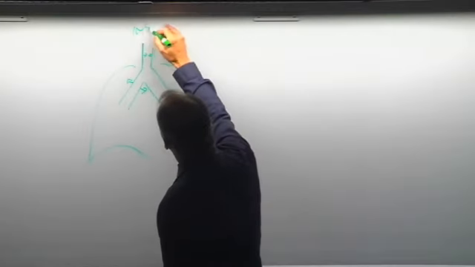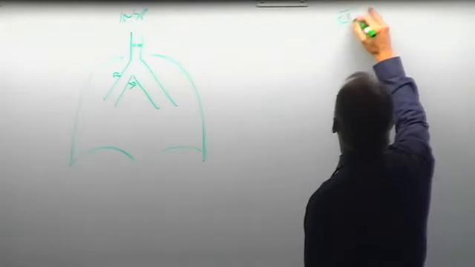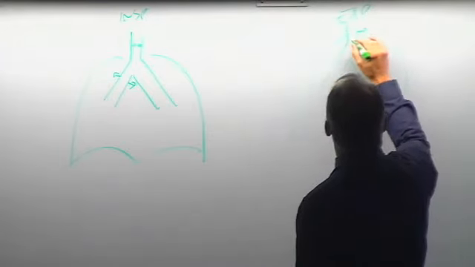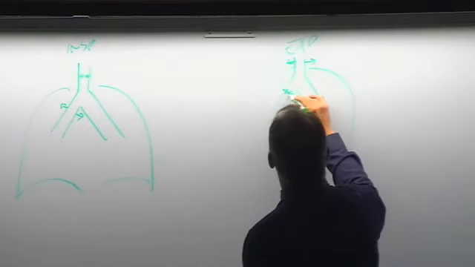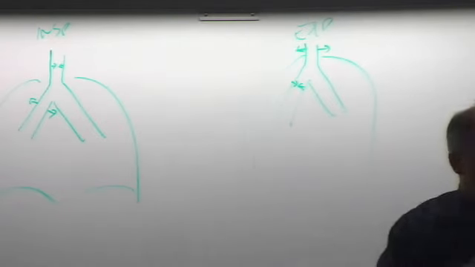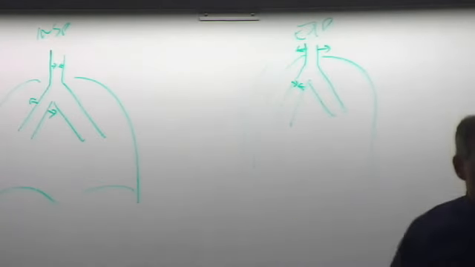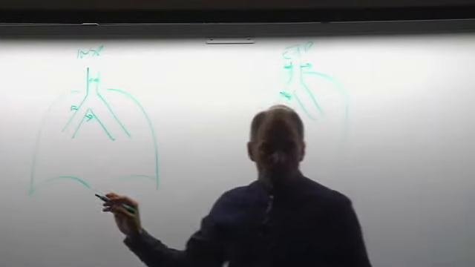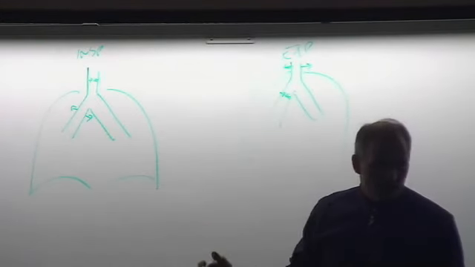So this is inspiration and expiration. Do we agree? When we inspire, we increase the volume of our chest, and the intrathoracic airways are pulled open by radial traction. So if there's an intrathoracic obstruction, we're not likely to see it pronounced in that setting.